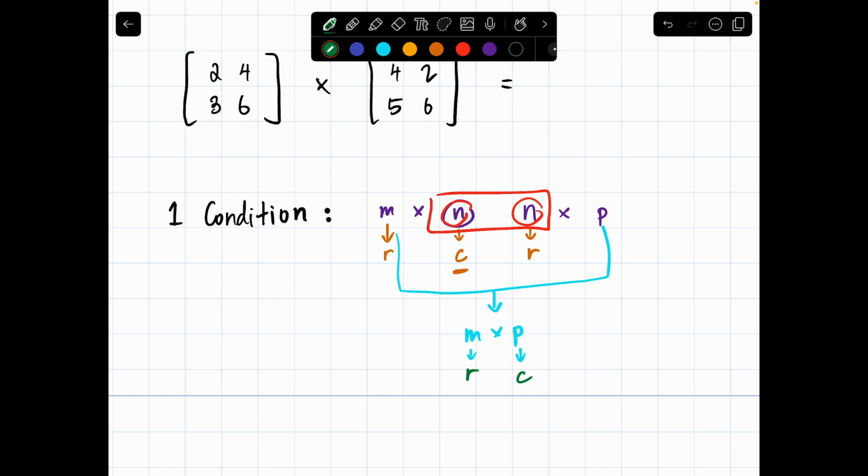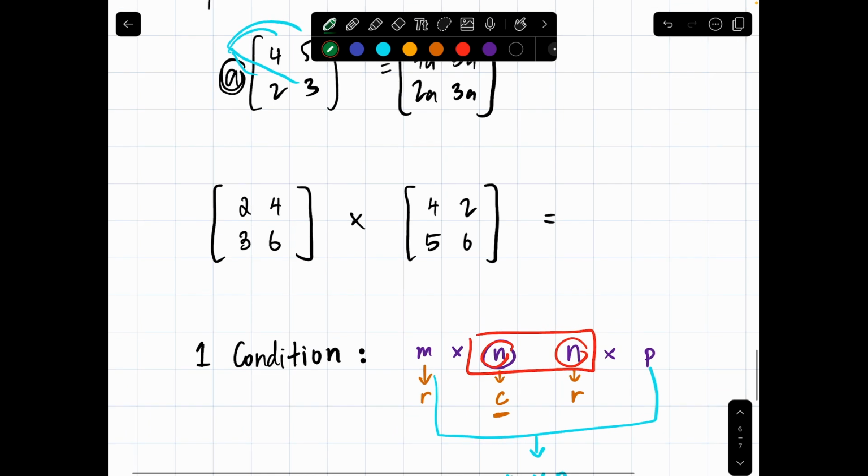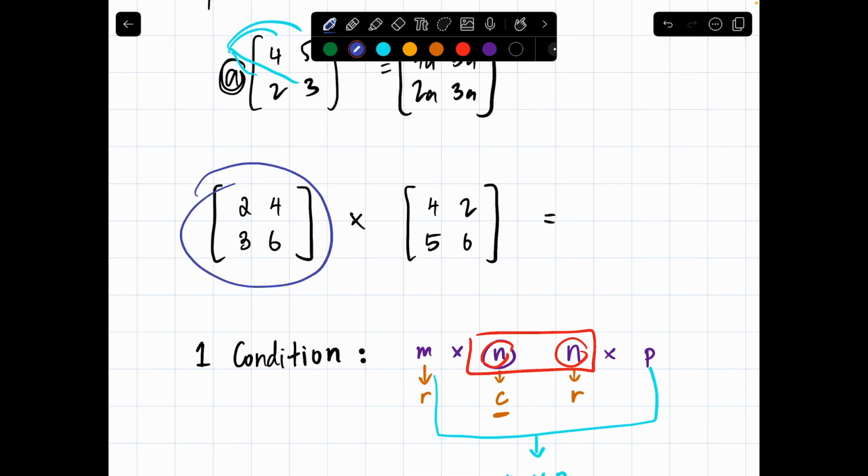This might seem a bit of a mouthful, but just bear with me. So for this particular instance, the number of rows and columns for this will be 2 times 2, because we have 2 columns and 2 rows. Then the same applies for the second matrix where we have 2 and 2. We do not care about the first parts. We only care about the second part of the first matrix and the first part of the second matrix.